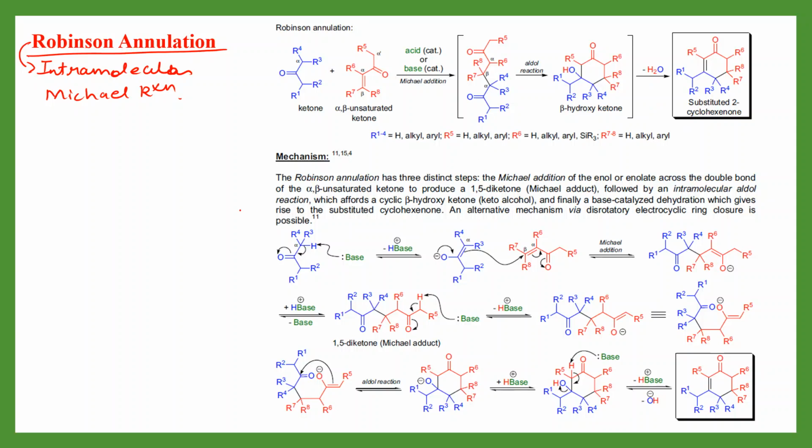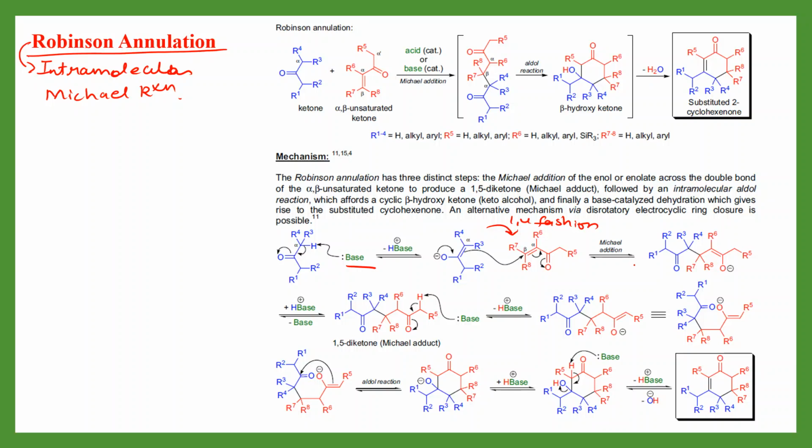You can read here. I have kept it as notes. First, the base is there. The base will abstract the proton adjacent to the carbonyl, as this is most acidic. Correct? Or we can say that the base abstracts the alpha proton. It forms an enolate. After enolate formation, here a carbanion will form and it will attack in 1,4 fashion.